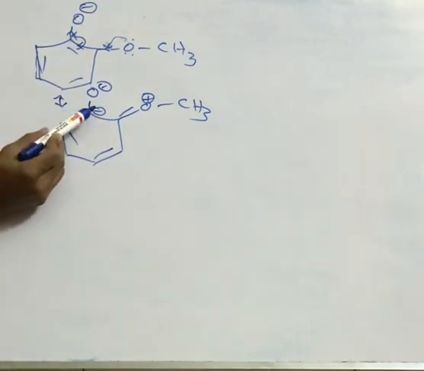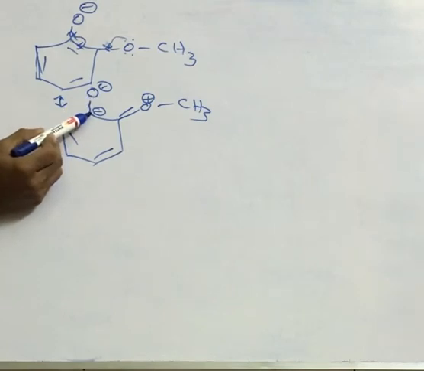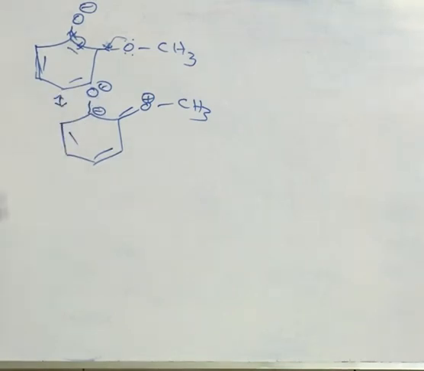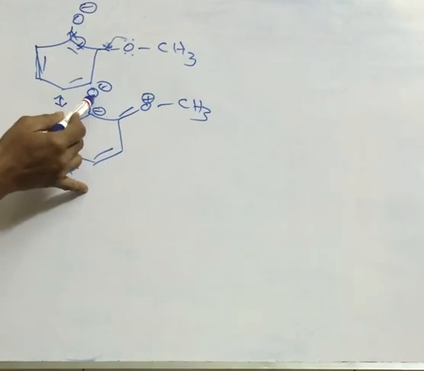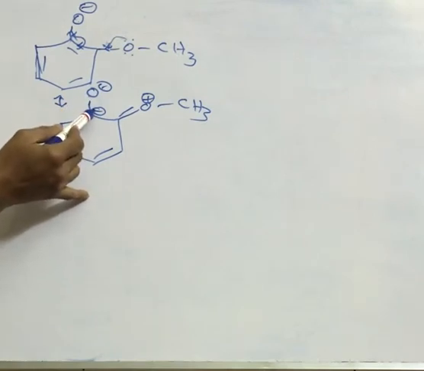If you can see, there is a negative charge on two adjacent atoms. Carbon is having a negative charge, oxygen is having a negative charge. They will repel each other. So this form is not possible. It is unstable. We can also tell based on the type of resonance form whether it is stable or unstable. There are certain rules. Here you can see the negative charge held by oxygen is acceptable, but the carbon is having a negative charge. It is less electronegative.